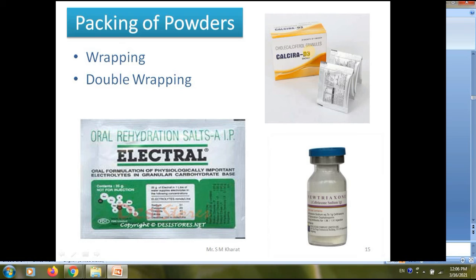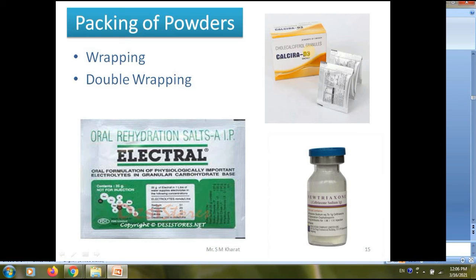And some powders such as the deliquescent powder, the powder which has menthol, someone has given the answer, very nice, because these are the volatile content. Okay, so if these are the volatile content, they may be lost into the air. Okay, so in that condition we are going to use the double wrapping, very nice.